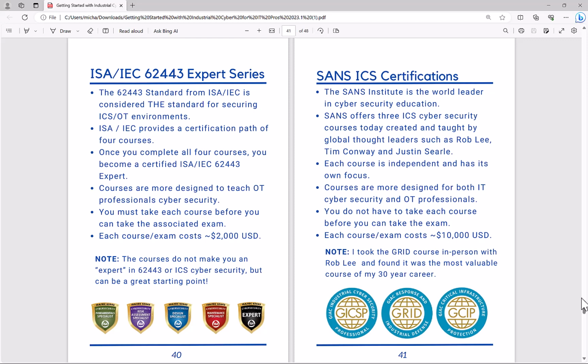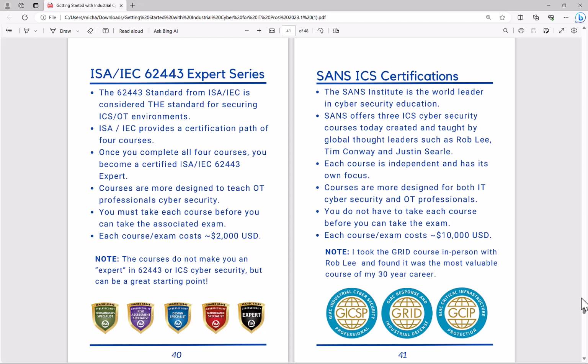But it does mean something to the engineering folks if you say you have this. So if anything, that's the best thing that comes out of it. It's one of those ways to build the bridges, because you can say 62443, or mention ISA, or that you're a member of ISA and go to ISA meetings, which is mostly all engineers. That's one way to build those bridges.